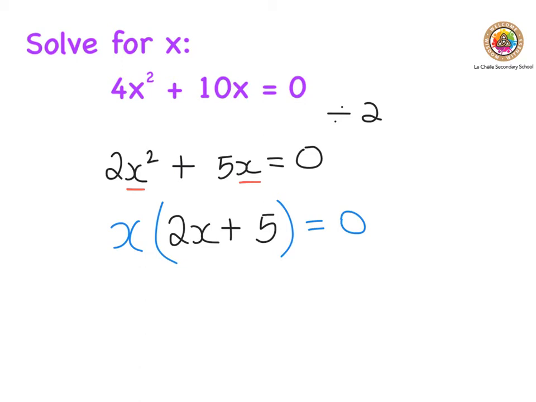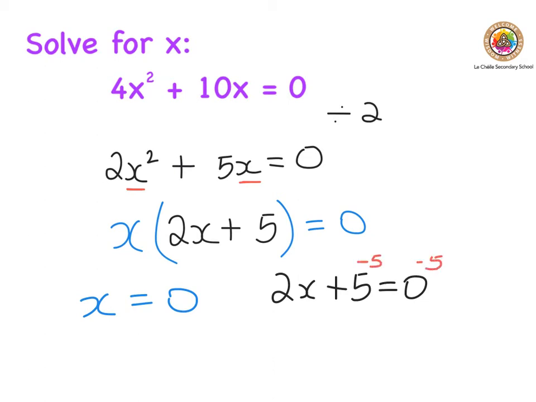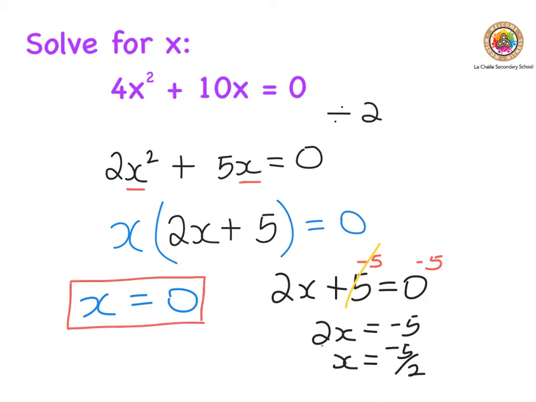The first part is x is equal to 0, and the other part says 2x plus 5 is equal to 0. Solving that, minus 5 here, minus 5 there, they cancel, and I have 2x is equal to minus 5, so dividing across by 2, x is equal to minus 5 over 2. And so x equal to 0 and x equal to minus 5 over 2.